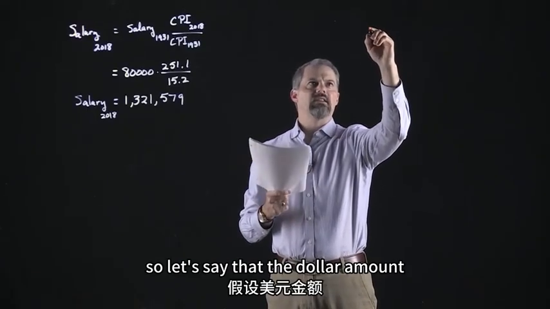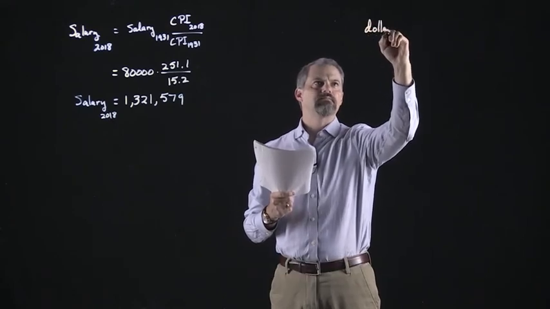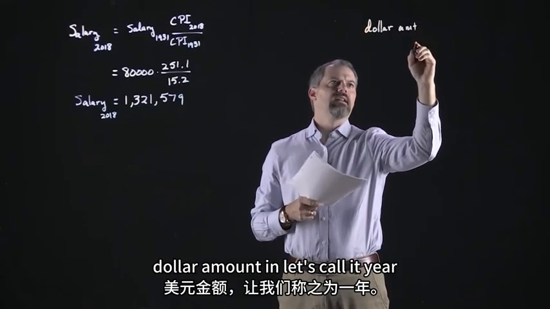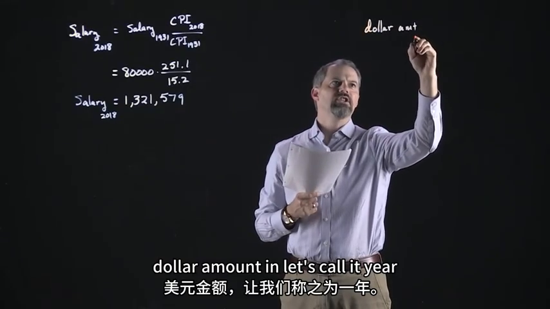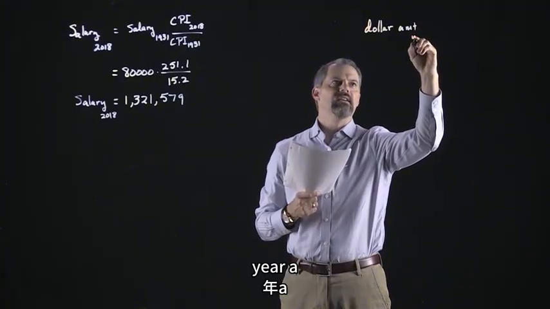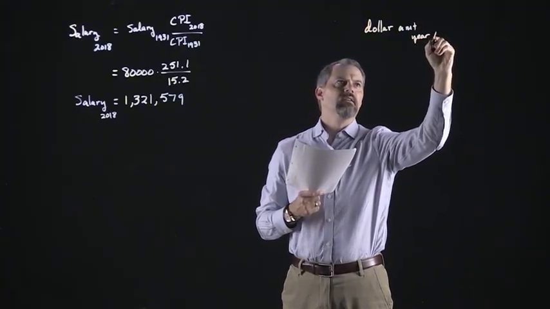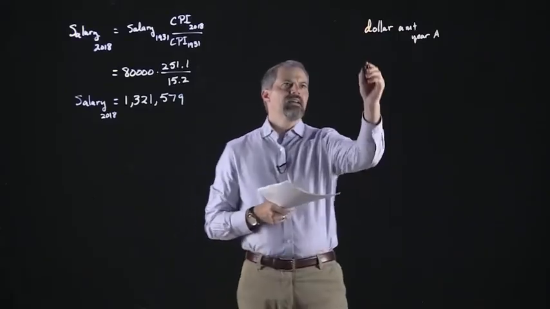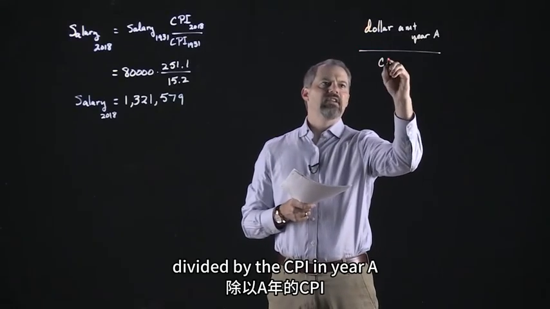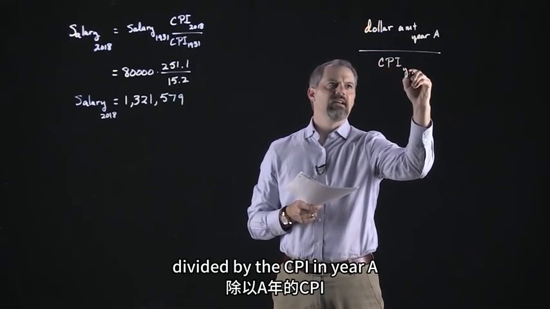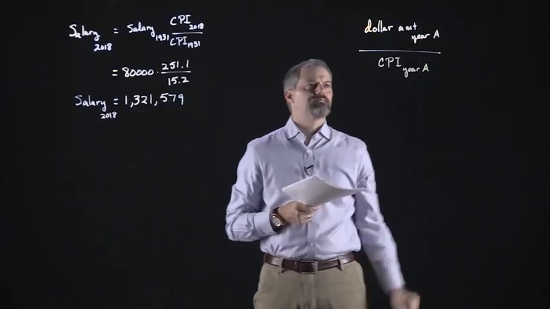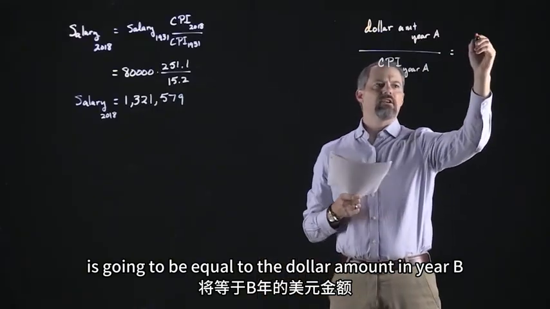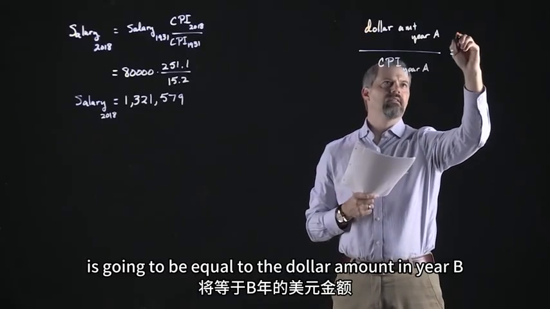So let's say that the dollar amount in, let's call it year A, the dollar amount in year A divided by the CPI in year A is going to be equal to the dollar amount in year B.